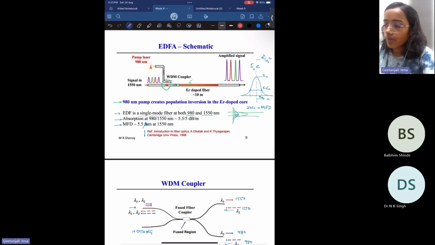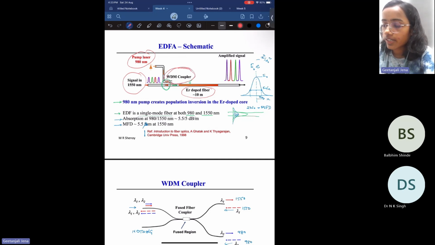So this is the same schematic. If you see, this is the erbium doped fiber, which is approximately 10 meters. And we couple this pump laser, that is 980 nanometer, as well as the signal, which is 1550 nanometer, by using a WDM coupler.